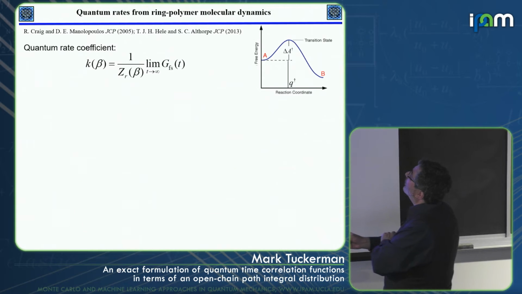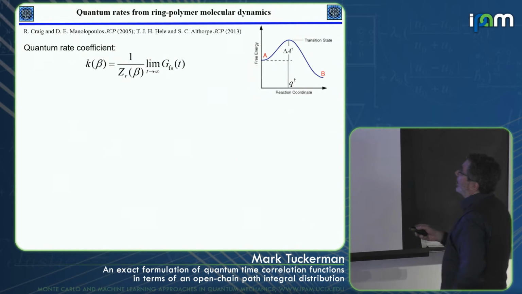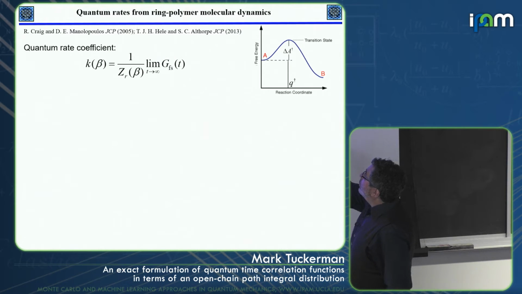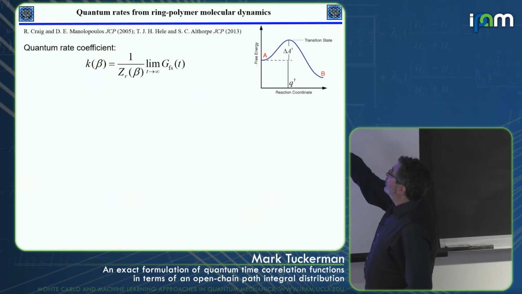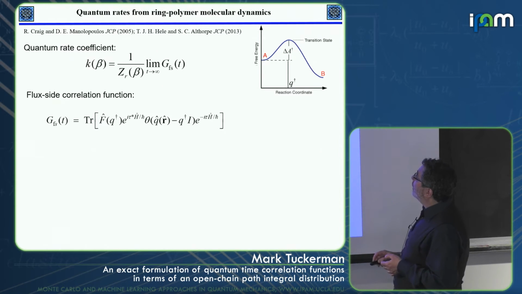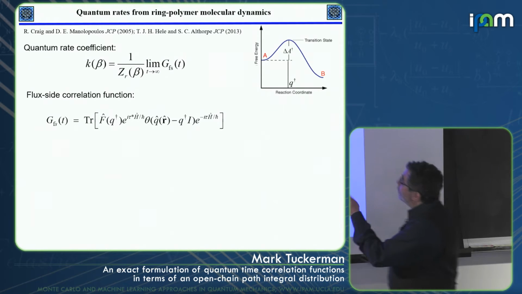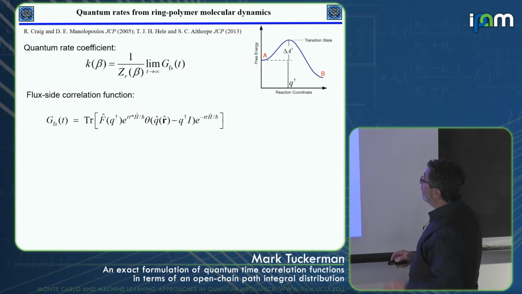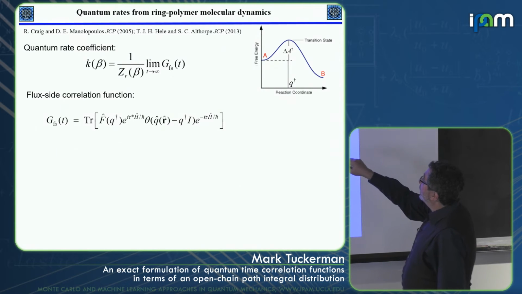Let's just remind ourselves what you're doing when you're calculating a rate. The rate, as I indicated earlier, is a long time limit of one of these symmetrized correlation functions. And the correlation function you have to calculate is indeed a nonlinear function of your coordinates.